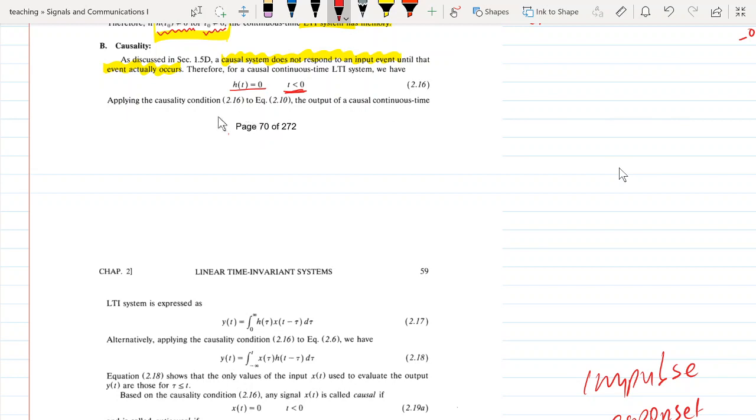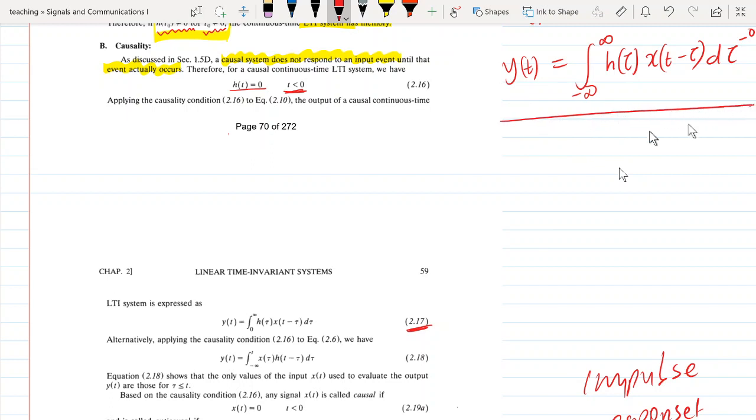Now, if you apply the condition 2.6 in section 2.10, the output of a continuous time LTI system can simply be expressed as equation 2.17. If you remember, in equation 2.10, y of t is equal to the integral from minus infinity to infinity of h of tau x of t minus tau d tau.